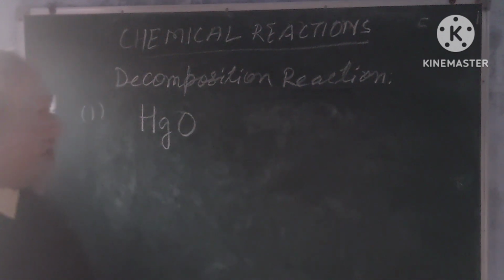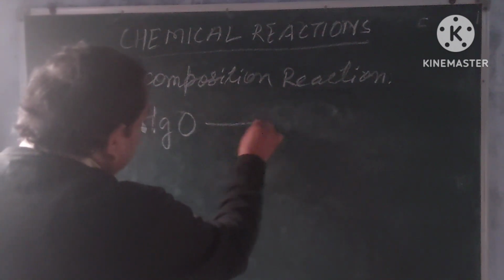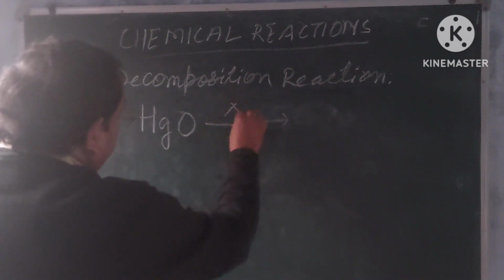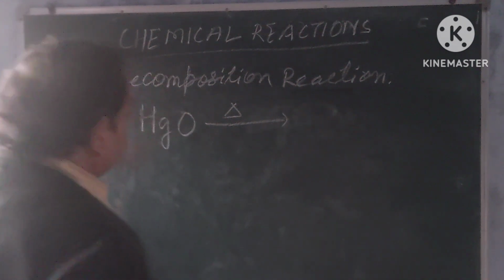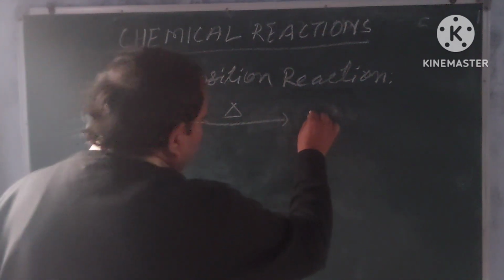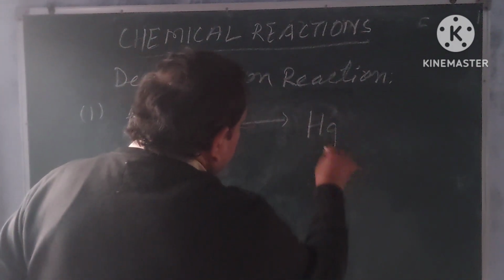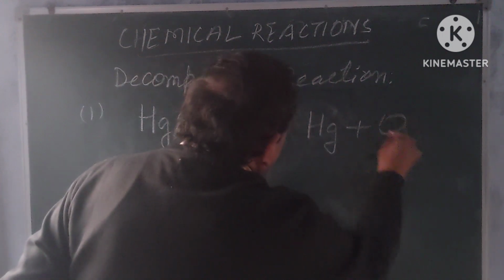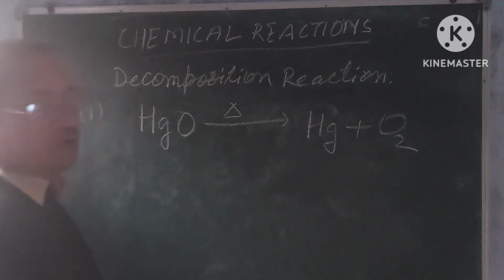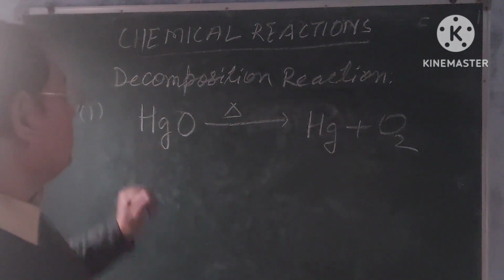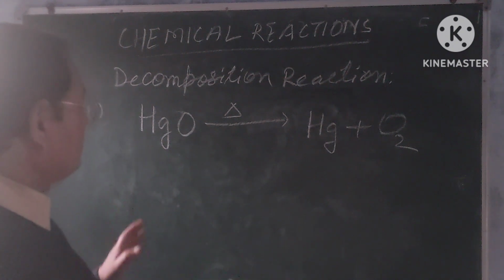See the mercuric oxide. On heating mercuric oxide, it decomposes into mercury and oxygen. My dear students, is this equation balanced or not?